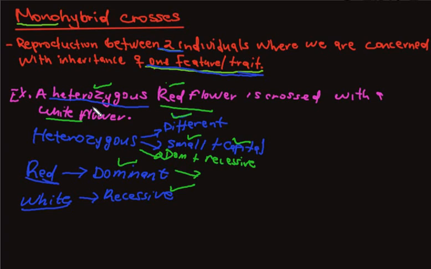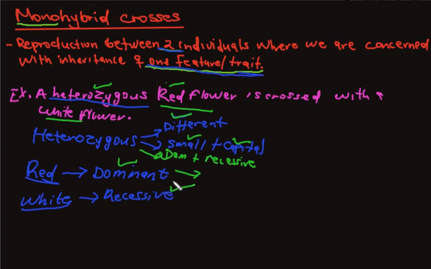Because it's a heterozygous condition, I choose to use R to represent our alleles for flower color. Remember, you choose any alphabet you want if they haven't given you one, and you stick to it.